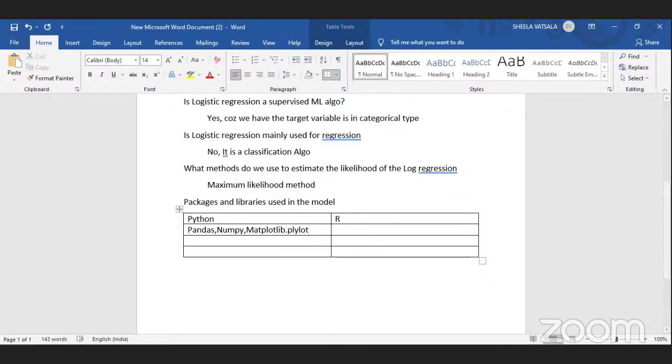Then we have statsmodels, statsmodels.api, right? statsmodels.formula.api, sorry.